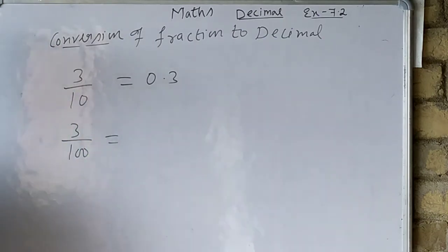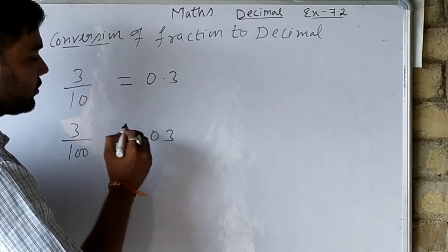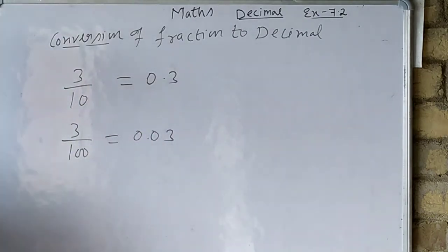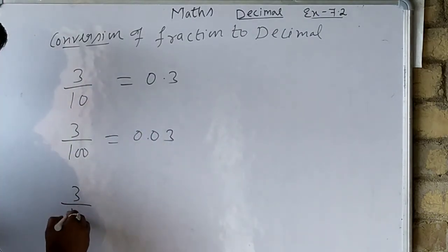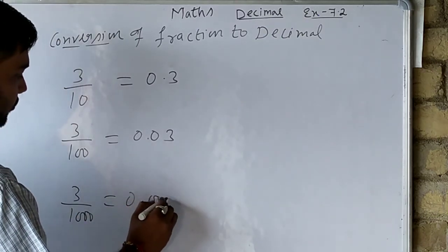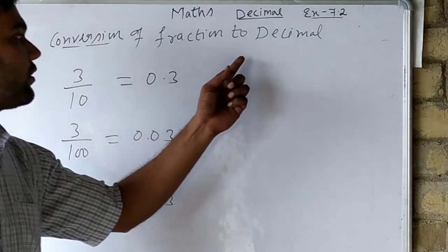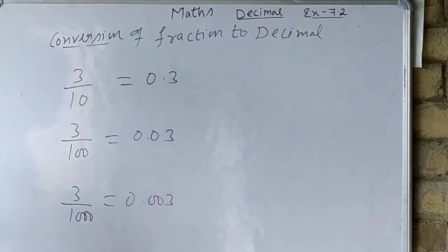How do we write it? 0.03. If we have 3 upon 1000, then 0.003. So this is the way of converting fraction to decimal.